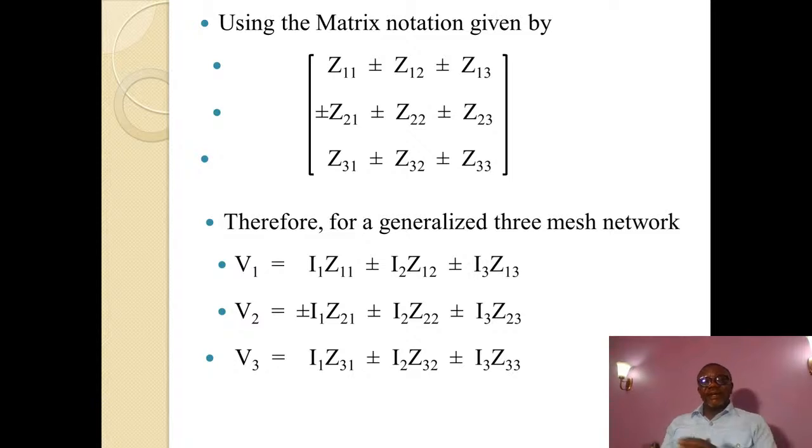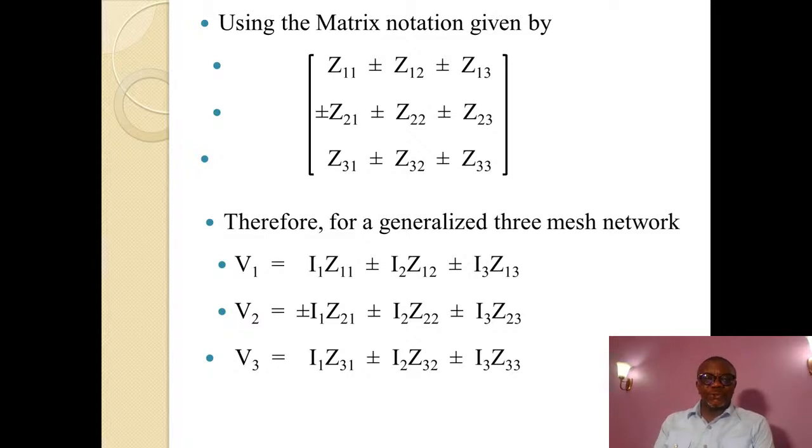So we say that for a generalized three-mesh network, V1 is equal to I1 Z11 plus or minus I2 Z12 plus or minus I3 Z13.